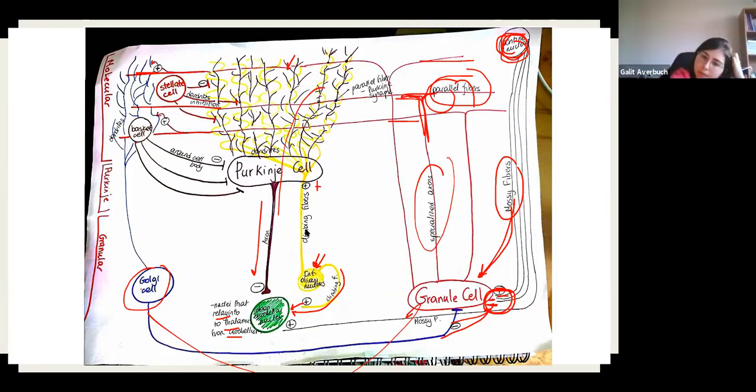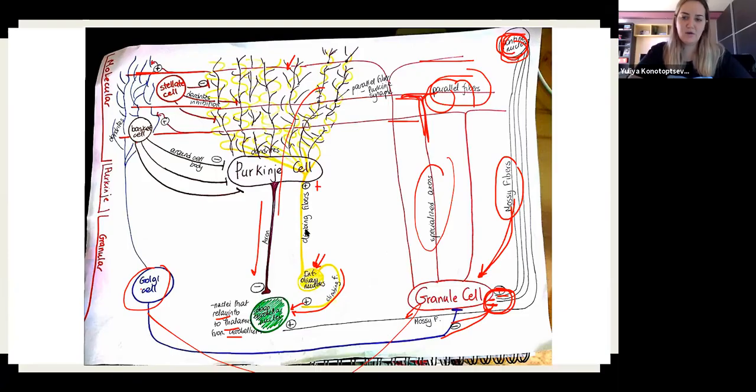Climbing fibers. The fibers that are here we will call mossy fibers. In the exam, they use mossy for both, not just for these ones, but also for the ones which excite the deep cerebellar nuclei. So climbing and mossy fibers can excite the deep cerebellar nuclei directly.